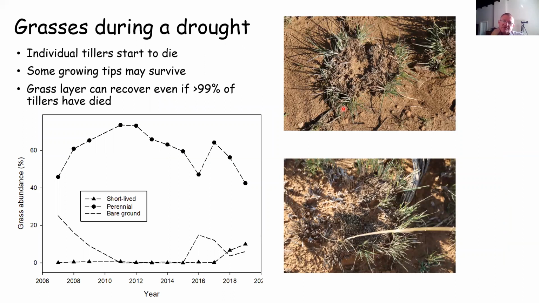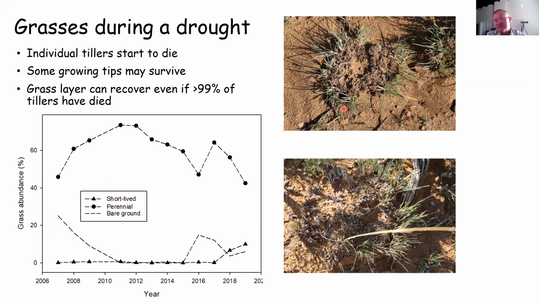Now, when a drought hits, that grass tuft starts to die, but they don't all die at the same rate. What you find is that individual tillers die. And you can have maybe 99% of the actual tillers of the tuft dying during a drought, but some might stay alive. So although 99% of individual plants at the tiller scale have died, you might find that a very, very low proportion at the tuft scale have died.